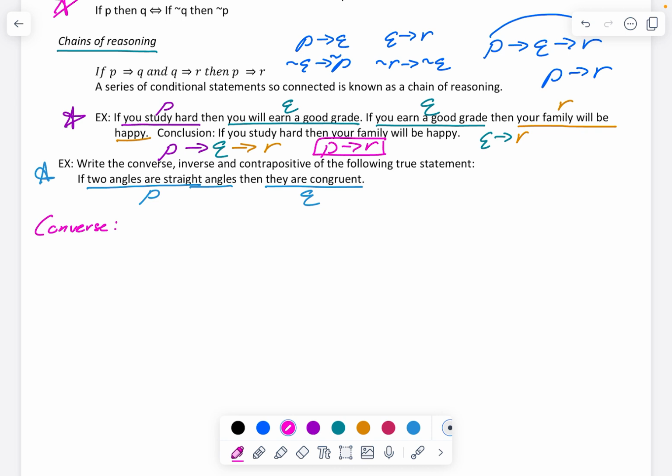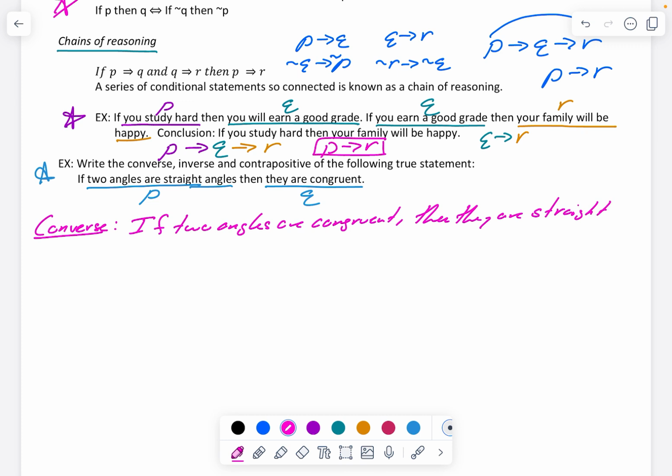All right, pause it, come back. Converse. If, and remember these have to make sense, if two angles are congruent, then they are straight angles.